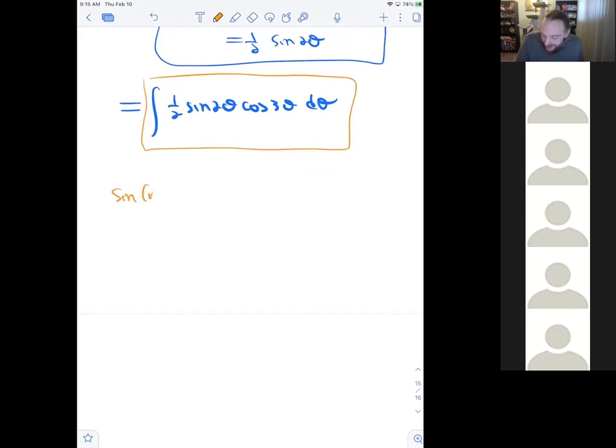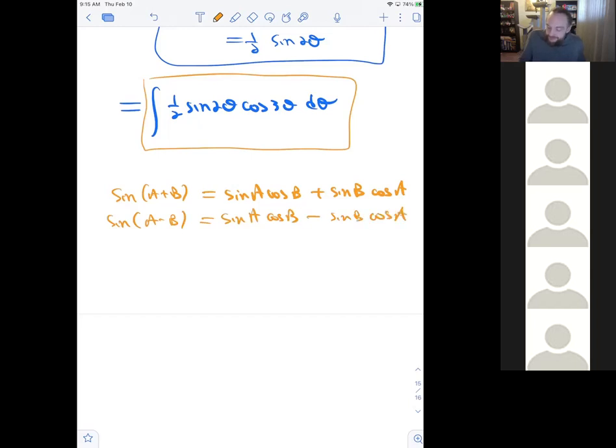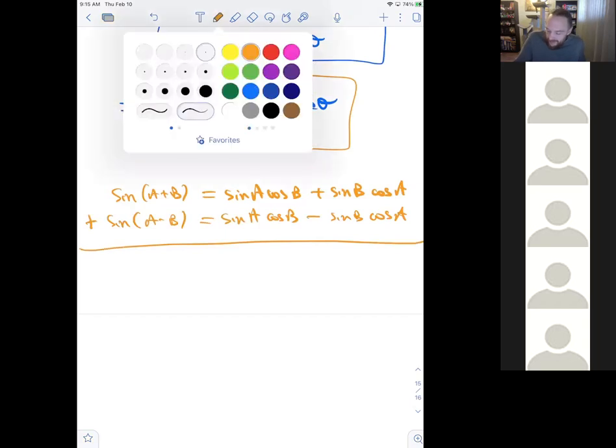We know that sine(A plus B) is equal to sine A cos B plus sine B cos A. And I also know that sine(A minus B) is equal to sine A cos B minus sine B cos A. Now, if I add those things together, these will cancel off.